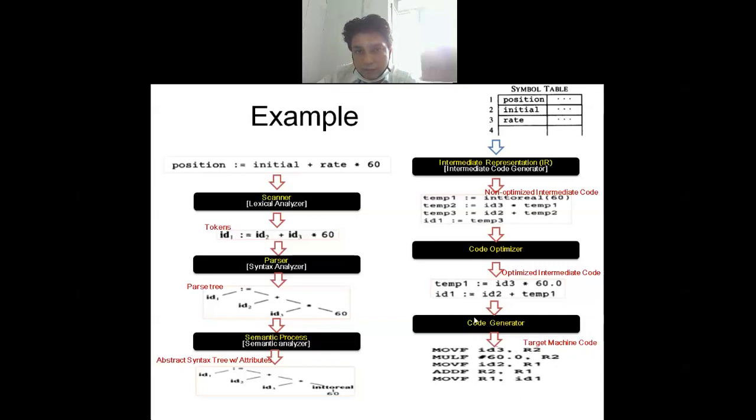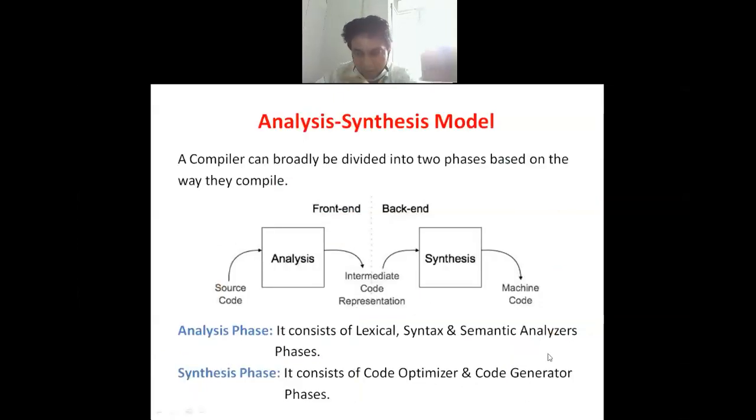So this is how all the phases of the compiler work in collaboration. The input of a phase of the compiler is basically the output of its previous phase. Are all of you getting it?